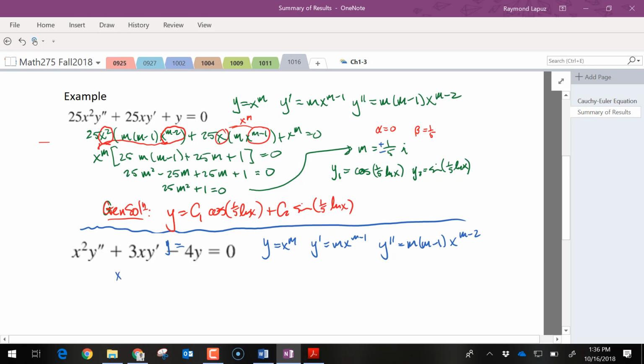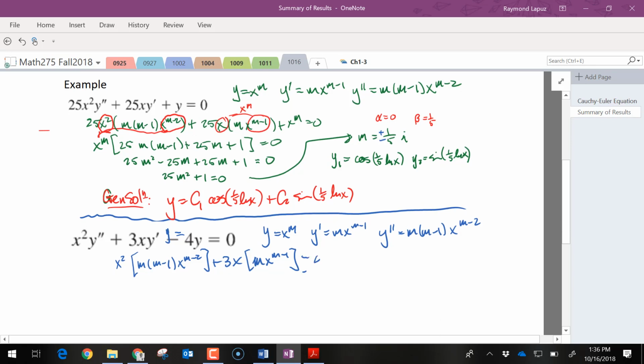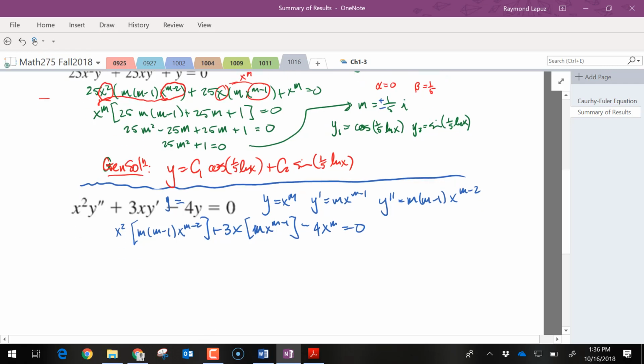We got x squared, m minus 1, x to the m minus 2, plus 3x, x to the m minus 1, minus 4, times x to the m is equal to 0. Then we got x to the m taken out, m minus 1 plus 3 minus 4 is equal to 0.